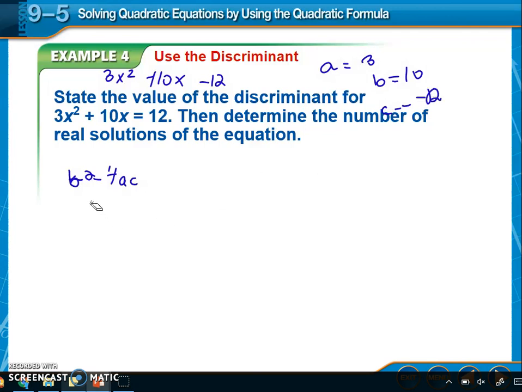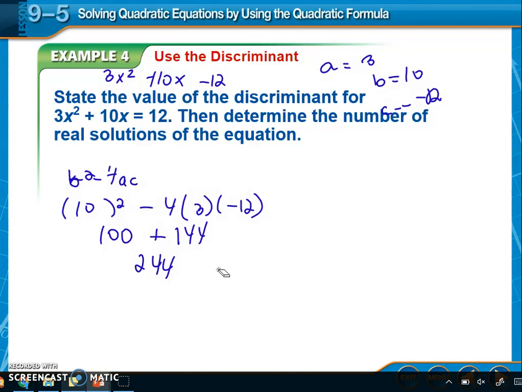Okay, so I'm plugging each of those things in. So 10 squared minus 4 times 3 times negative 12. I get 100 plus 12 times 12 is 144, so 144. Because when I do this, I get 244, which is a positive number. That means there are two real solutions.